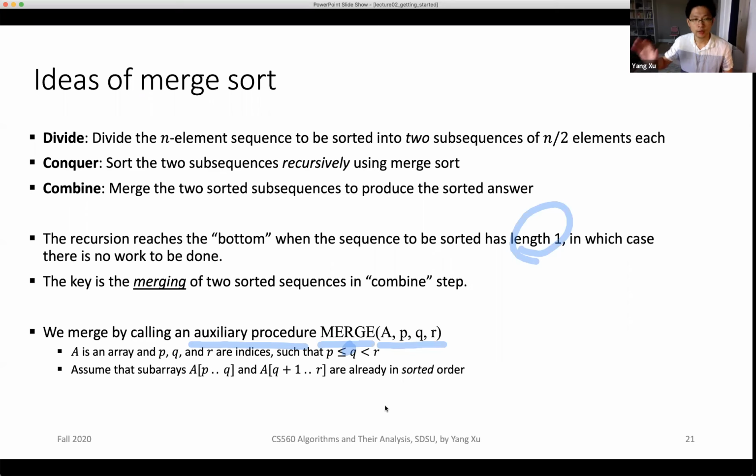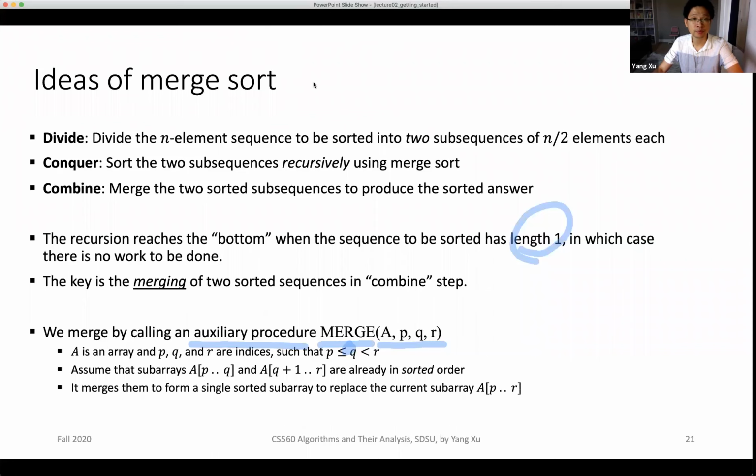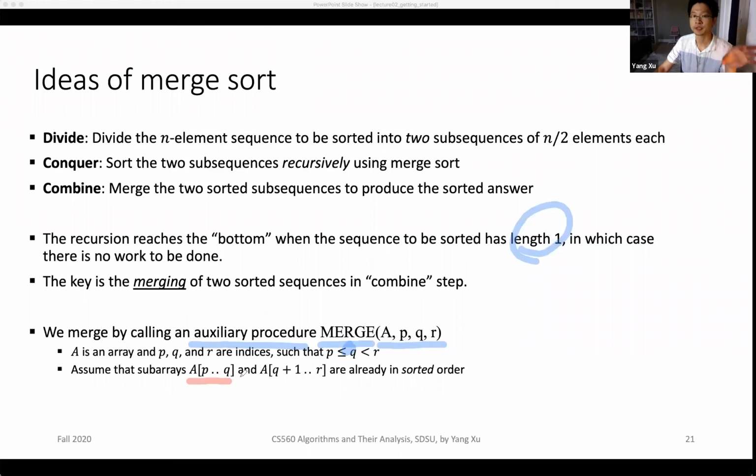We also assume that, with three indices in the array, we have two sub-arrays. The first sub-array, from index P to index Q, is already sorted. And the second sub-array, from Q plus 1 to R, is also in sorted order.